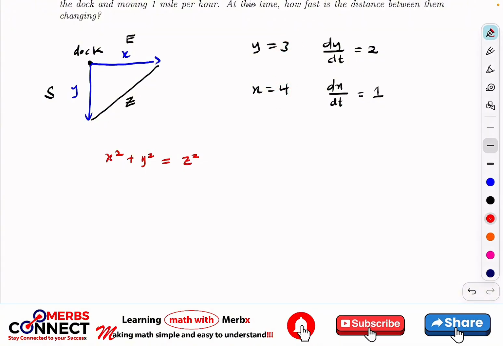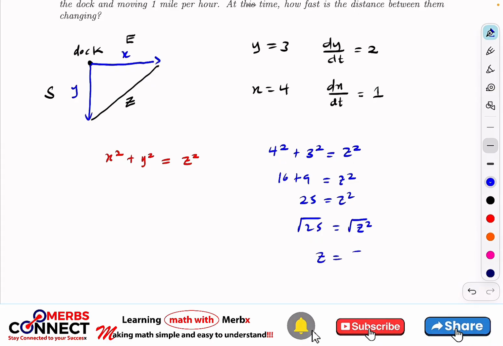So when I do the substitution, I'm going to have 4 squared plus 3 squared is equal to z squared. This is 16 plus 9, which is 25, equal to z squared. When I take the square root on both sides, z is equal to 5.